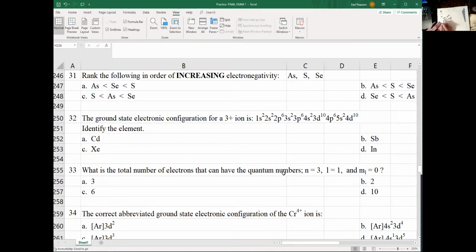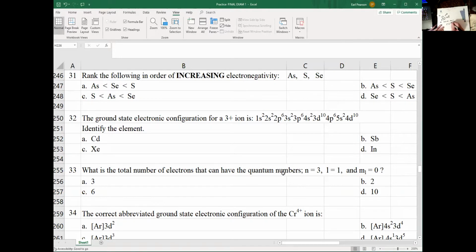Now, number 33. What's the total number of electrons that can have quantum number n equal to 3, L equal to 1, and M equal to 0? Well, if L is 1, it's a p orbital, with +1, 0, -1 for M. N is 3, so it's actually going to be the 3p orbital.